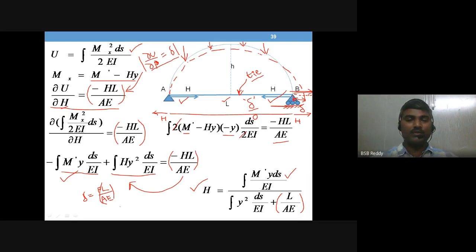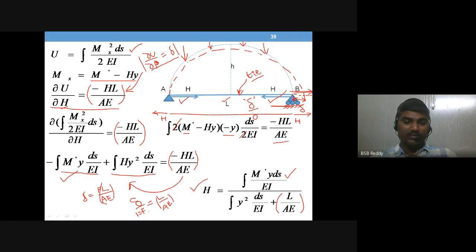So delta divided by F is equal to L by AE. When F is equal to 1, delta is equal to L by AE.